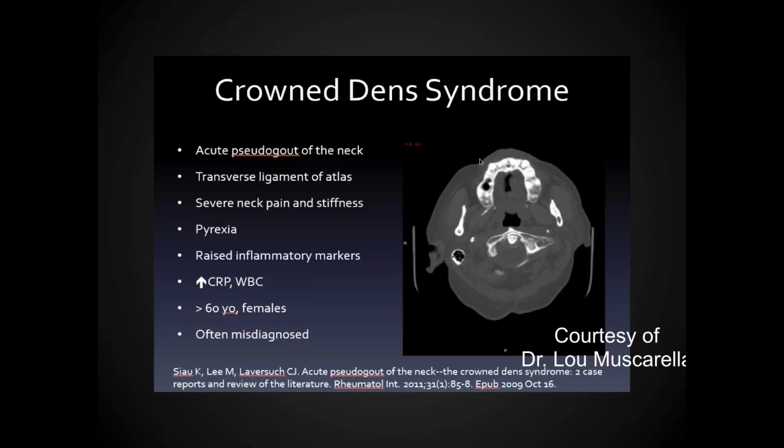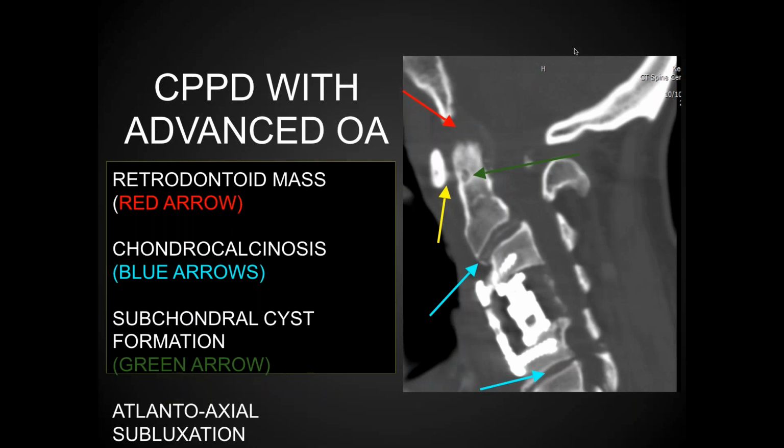That's C2-3, it looks like it's unstable. And this is unstable again, probably because we have the fusion down below, putting increased strain on the mobile disc, the area just above it, and that's really holding the whole head. So this is probably from chronic, abnormal strain of the C2-3 level.